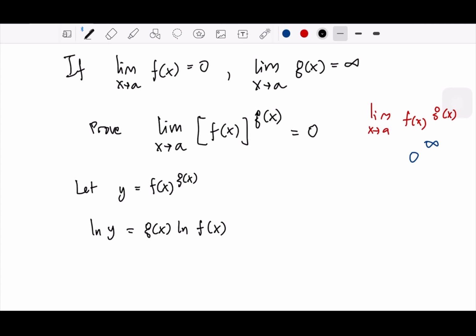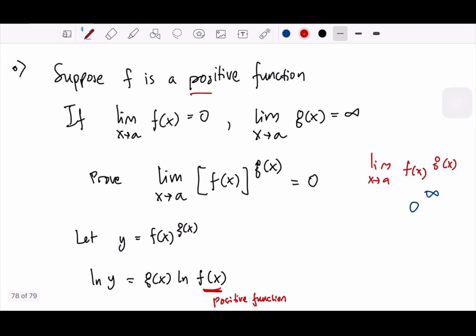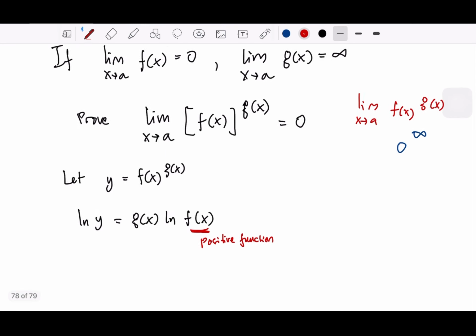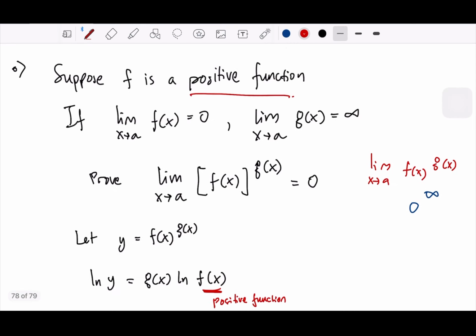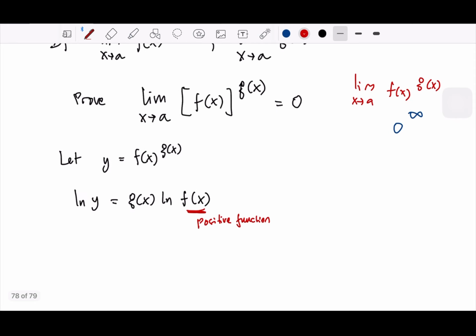Since we defined f as a positive function, from the arguments at the very beginning of the statement, then the ln is defined, right? We can define the ln.